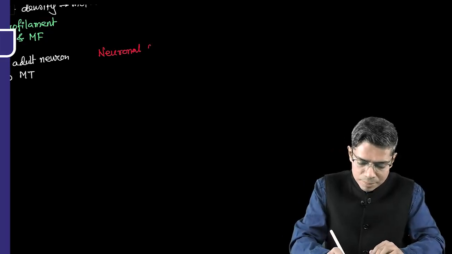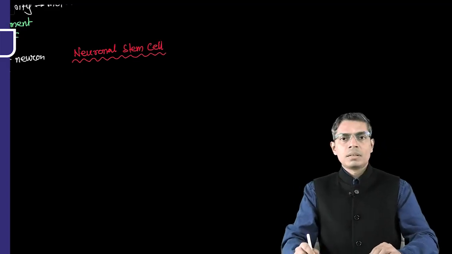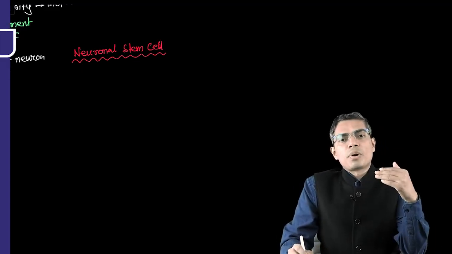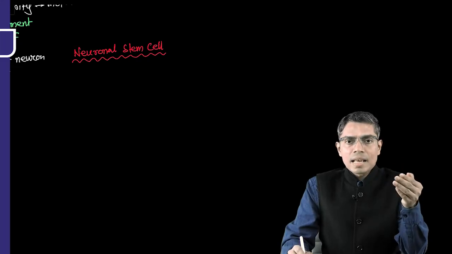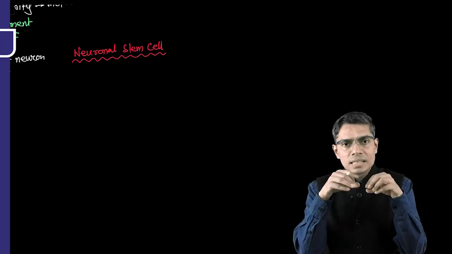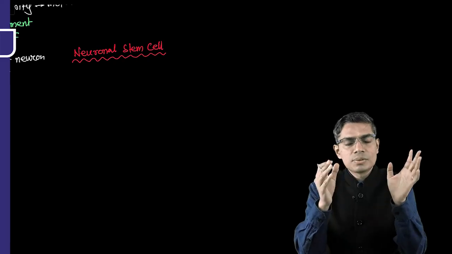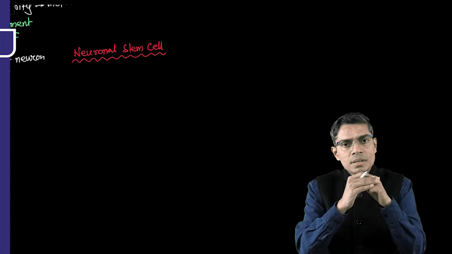Neuronal stem cells. I hope you know the meaning of stem cell. Stem cells have the property of self renewal as well as the property of differentiation. That means they will maintain the population by self renewal, cell division, and they can also differentiate into a different cell population.